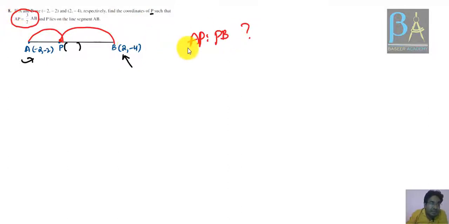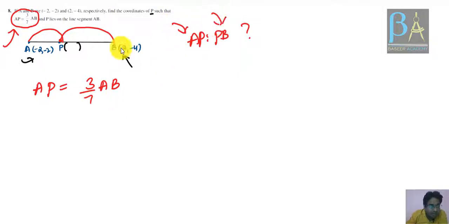I can find out AP is to PB by making use of this hint here. It says AP is equal to 3/7 of AB. Now I actually need AP and PB, but here I have AP and AB. But you know that AB can be written as AP plus PB, isn't it?